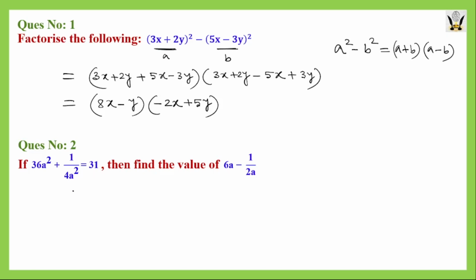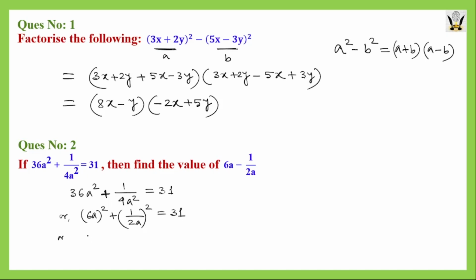Now in the next question, we have 36a square plus 1 divided by 4a square, which is equal to 31. If that is the given expression, then we need to find this value. This can be further written as 6a whole square plus 1 by 2a whole square, and that is equal to 31.